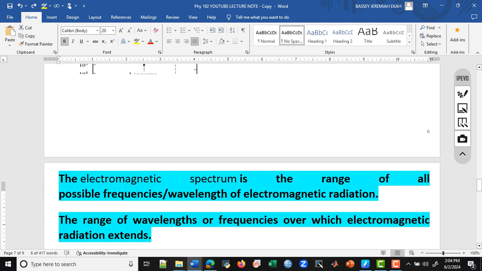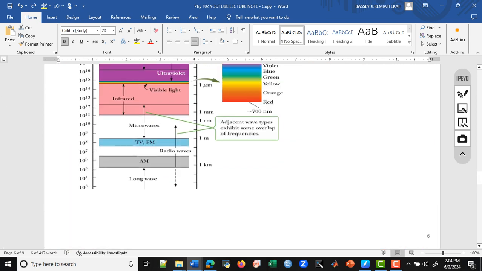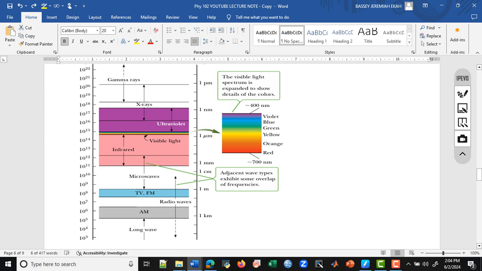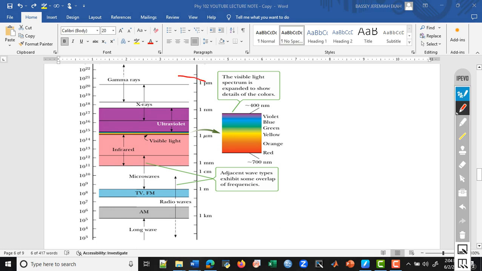So the electromagnetic spectrum is subdivided into two. The region where we have a short wavelength, the members of the spectrum have a higher penetrating power, and the side of the long wavelength, they have a lower penetrating power as well.